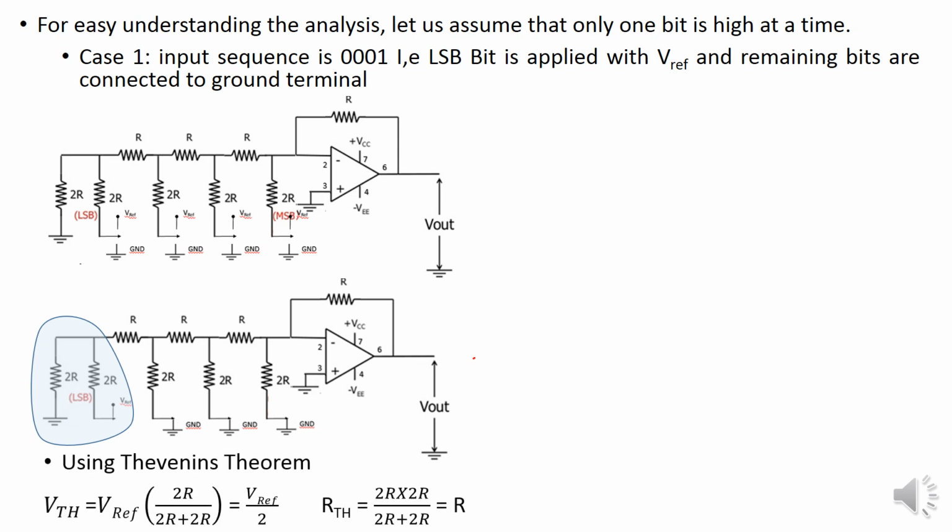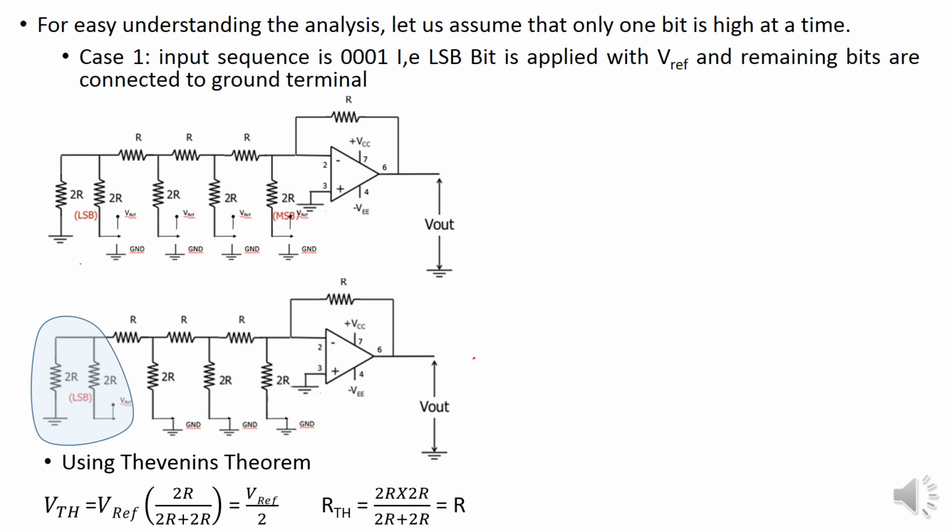By using Thevenin's theorem, VTH equals the applied voltage V reference times the opposite resistance divided by the total resistance. The applied voltage is V reference multiplied by the resistance 2R, divided by R plus 2R plus 2R.